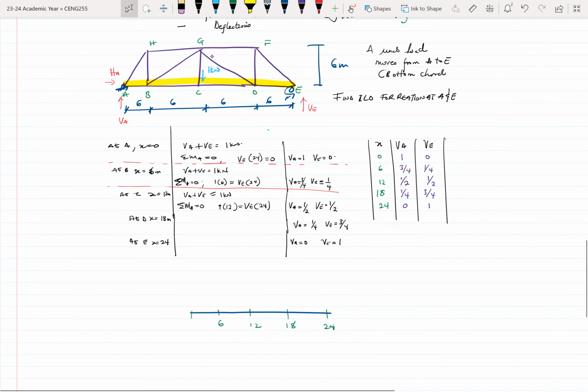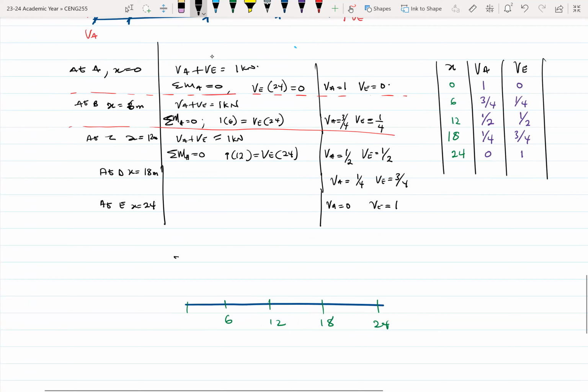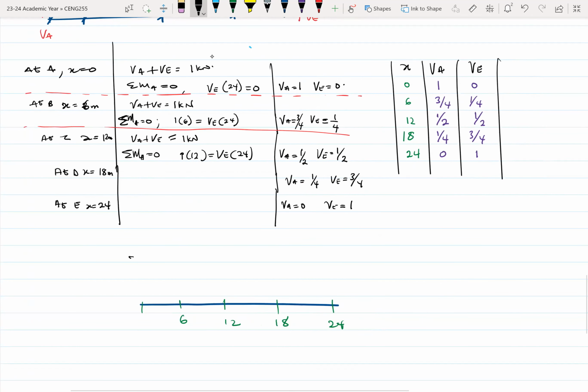So since we know the values for A, when X is 0, A is 1. When X is 6, A reduces, keeps reducing, and it goes to 0. So this diagram with a straight line becomes the influence line diagram for the reaction at A.